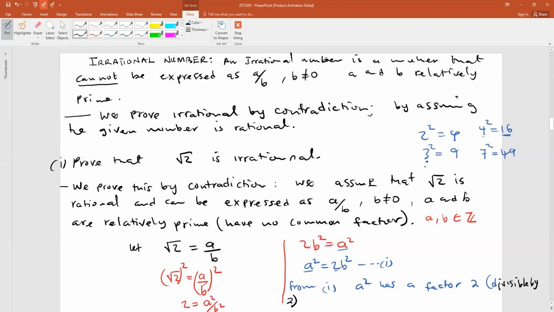And I said if that number which you get here is divisible by 3, it means even the number before you squared it was divisible by 3. So what it implies is that before a was squared, a also has a factor 2.